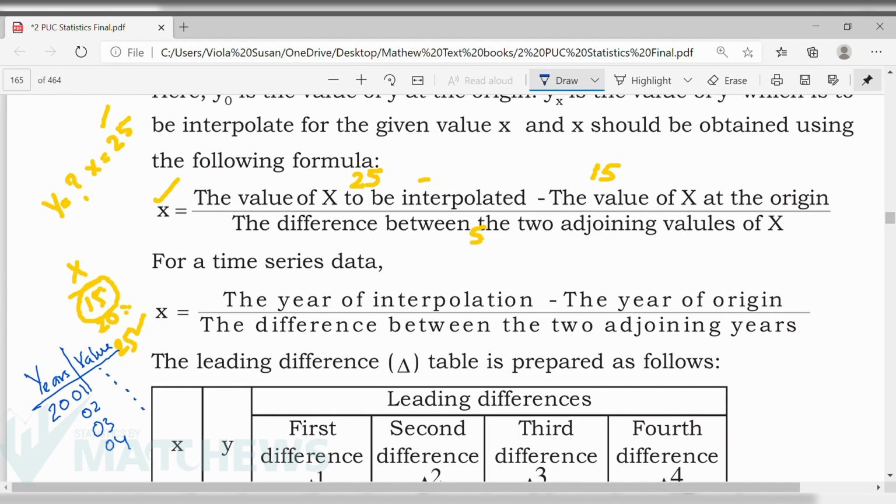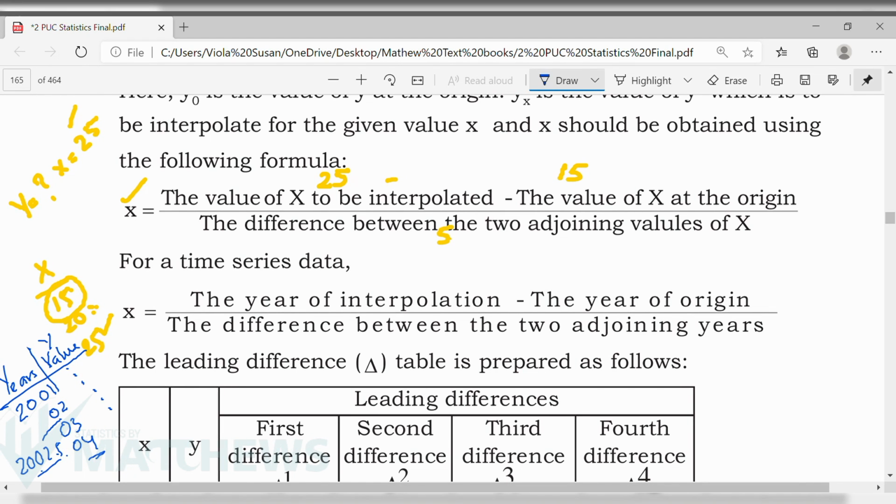So when you come across this time series data and we have to find the value of y for 2002.5, then what you should do: the year of interpolation is 2002.5, minus the year at the origin. What is the year at the origin? It is 2001, divided by the difference between two adjoining years, which is only 1. Do you understand? Now (2002.5-2001)/1 will give the value of x.